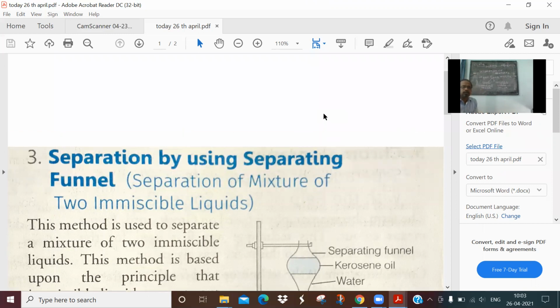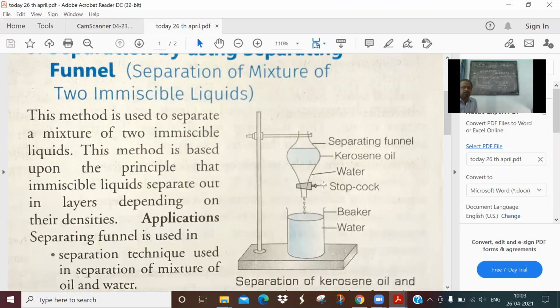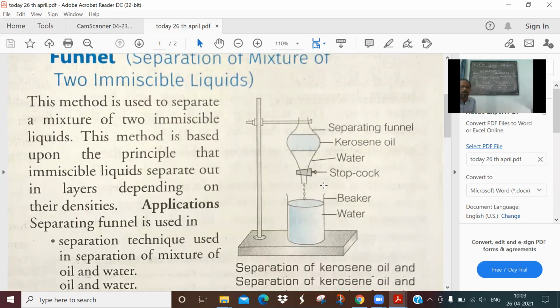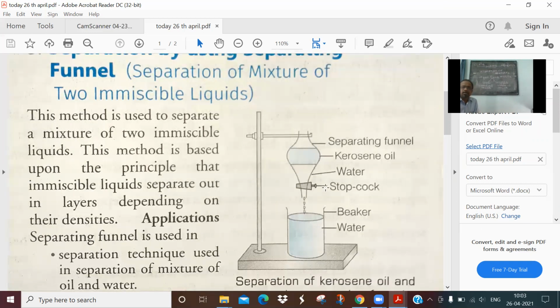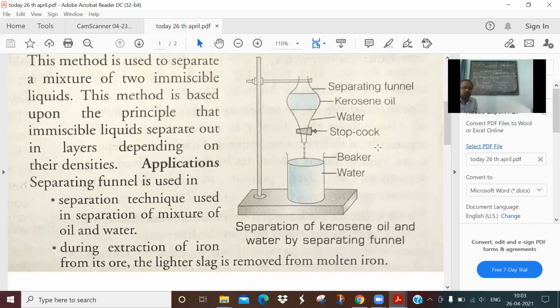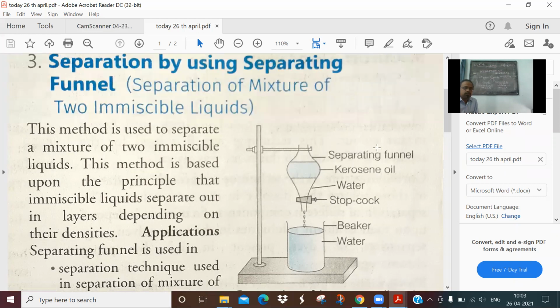Okay, children? So have a nice day ahead. Stay safe. Keep learning and continue the learning process. Don't stop learning, because in these circumstances you need to continue your learning. Anyway, this chapter on separation of mixtures is a revision and an introduction.